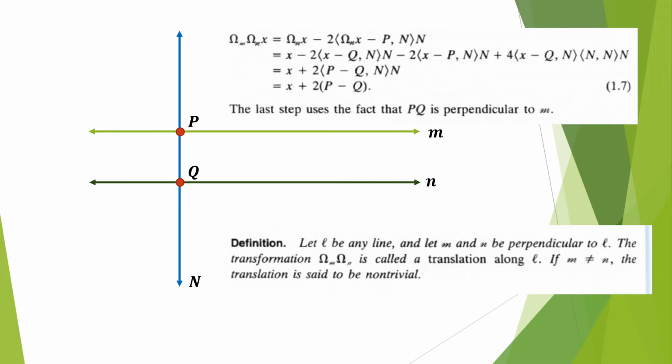Then x plus 2 times (P minus Q, n) times n.